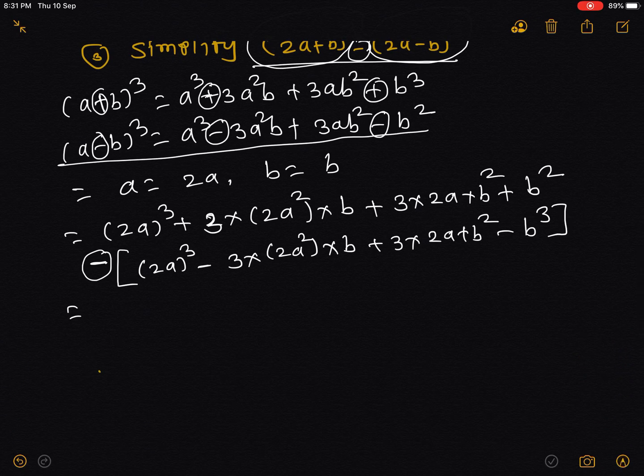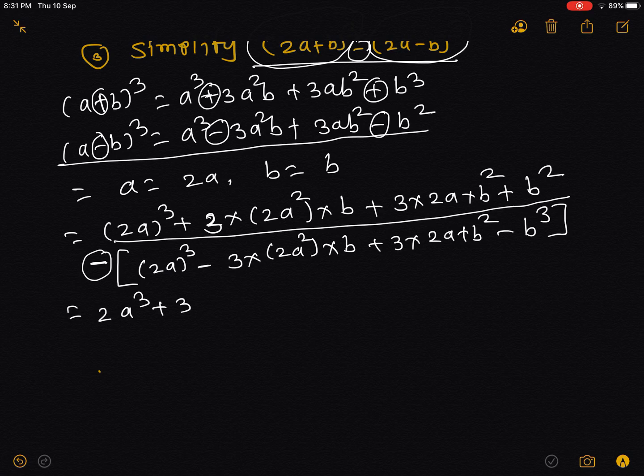First we write the first expansion: (2a)³ plus 3 into 2a squared, which is 4a², into b, plus 3 into 2a into b², plus b³, minus.